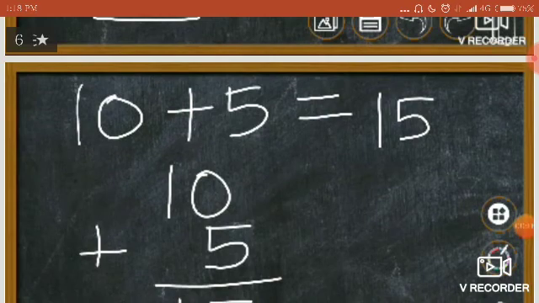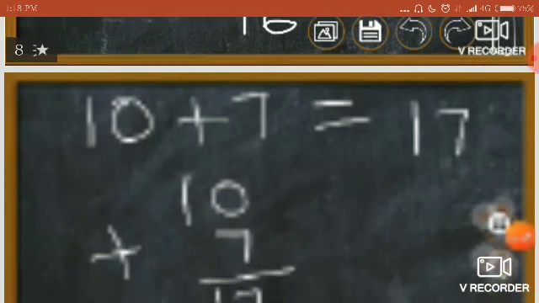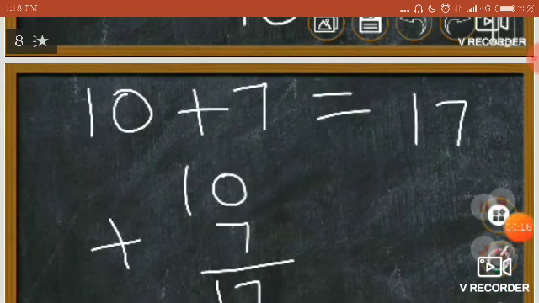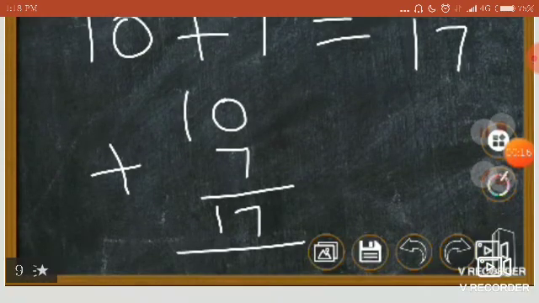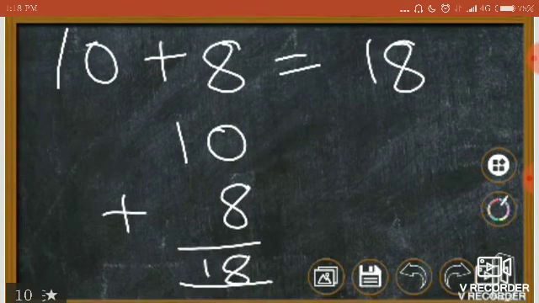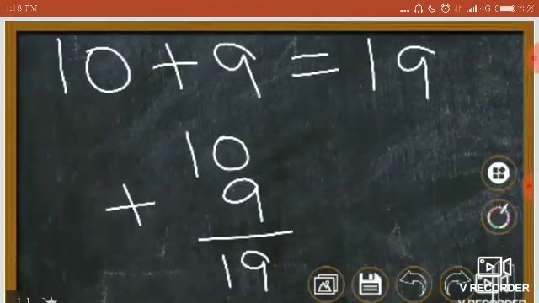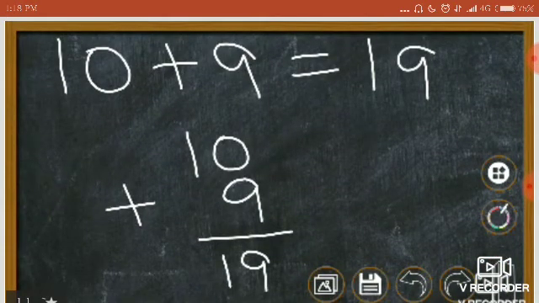Next sum is 10 plus 5 is equal to 15. Next sum, 10 plus 6 is equal to 16. Next sum, 10 plus 7 is equal to 17. Next sum, 10 plus 8 is equal to 18. Next sum, 10 plus 9 is equal to 19.